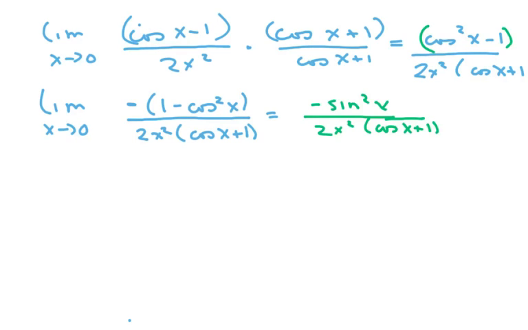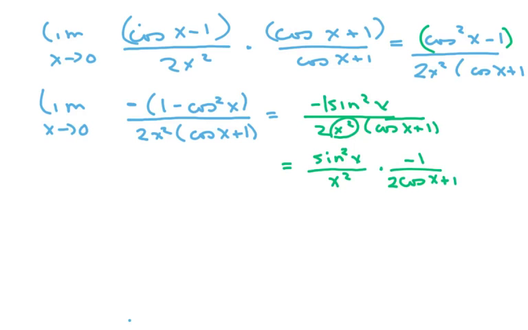Alright? Now, when I write this out, I can separate this out, and this is going to be sine squared of x over x squared, times this negative 1 over cosine x plus 1. And I still have the 2, so I'll put the 2 there.